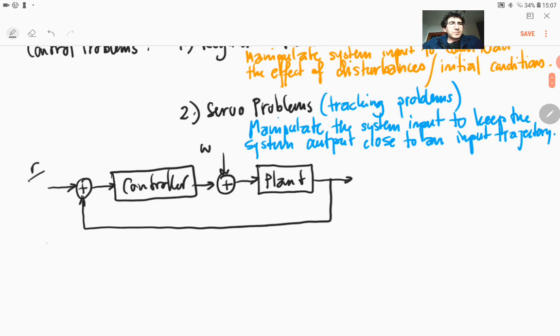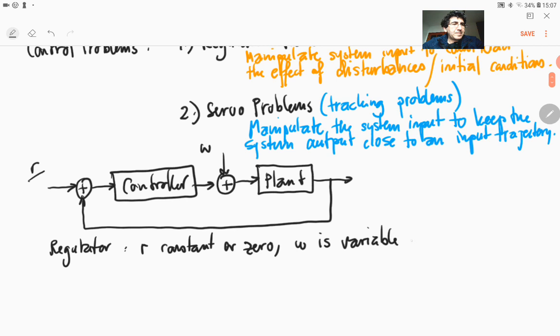So in both of these cases, for the regulator problem, we have R constant or zero, and omega is a variable input. And for the case of a servo problem, we have R a variable input and omega constant or zero.